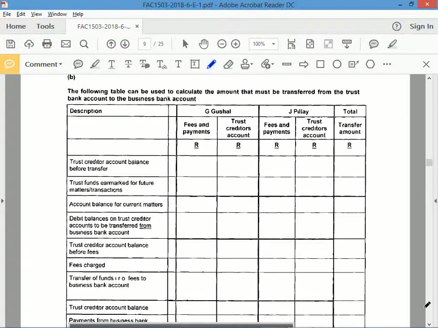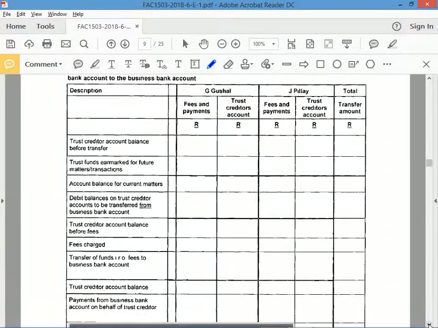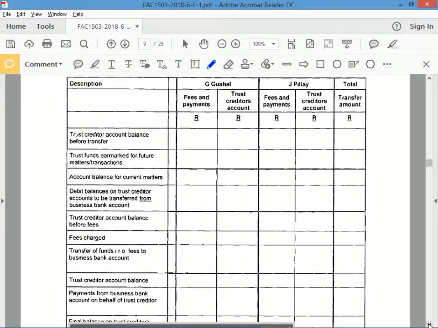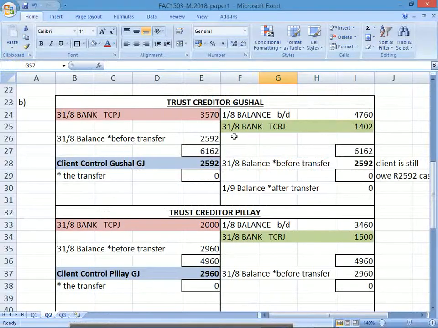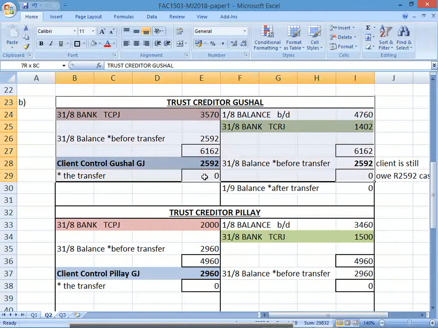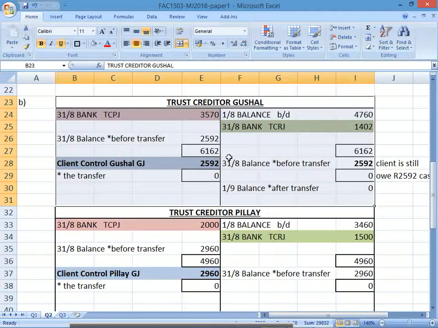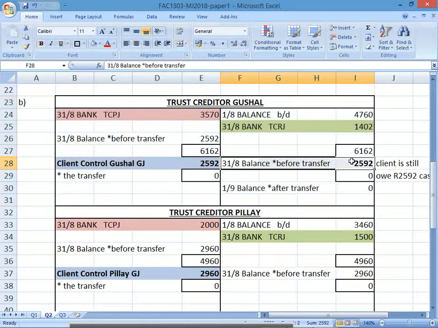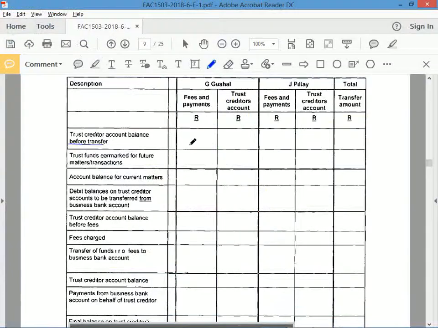So if you wanted to complete this table based on the workings that we've already got, let's complete it. Trust creditor account balance before transfer. Let's get that figure. Let's look at each one separately. There's the trust creditor G account. Before the transfer, which was this, the 2592. Let's put that in.